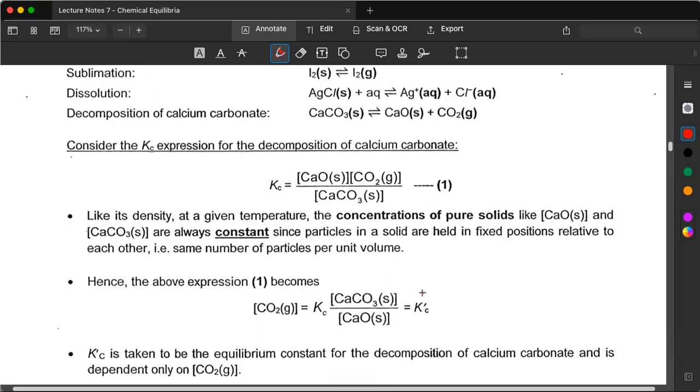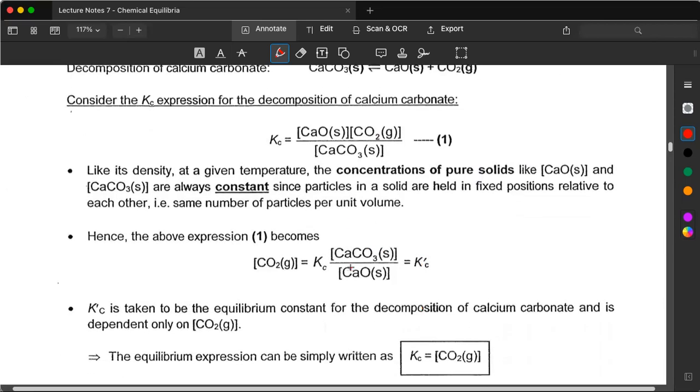So you can rewrite the expression here: you shift the CaCO3 here, CaO below, and you get Kc times CaCO3 over CaO. Because these two are solids, you can rewrite this whole thing into a new equilibrium constant.